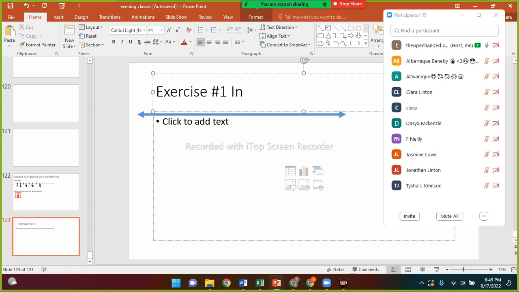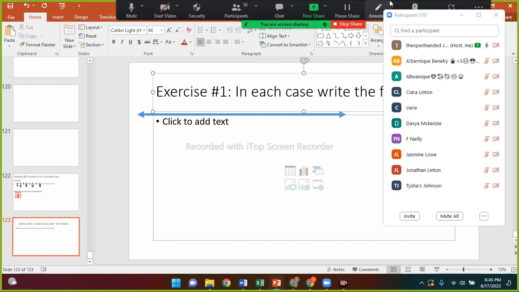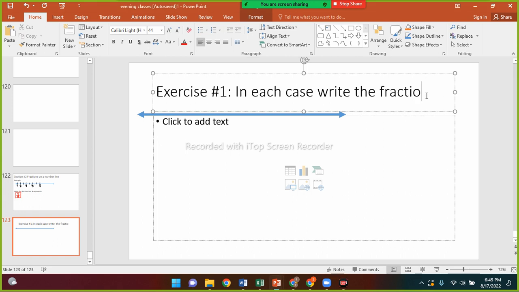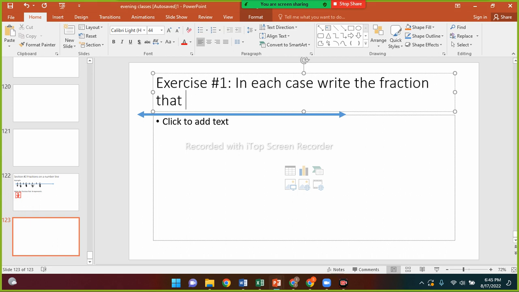In each case, write the fraction that B represents.